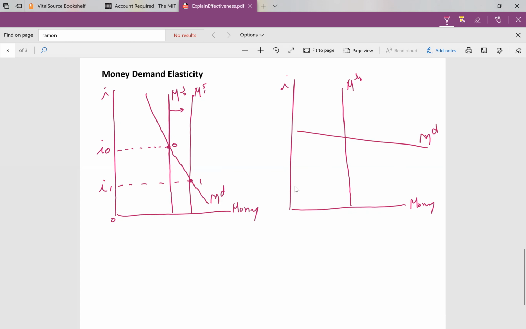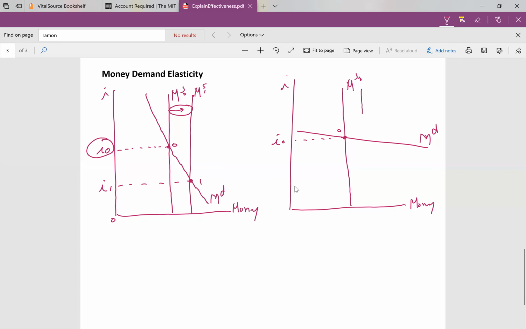And let's see what happens with interest rates when the money supply increases. So we begin here at the equilibrium 0, and this is I0, which is about the same level as this I0 here. And I'm going to shift the money supply by the same magnitude as this shift I have here in the graph on the left.